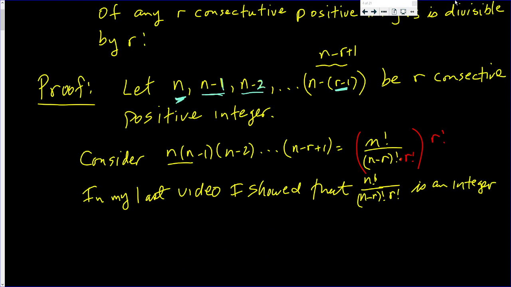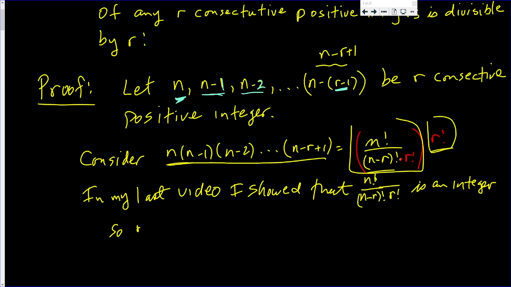Okay. So if this is an integer and that's an integer, then each of these integers divide this.